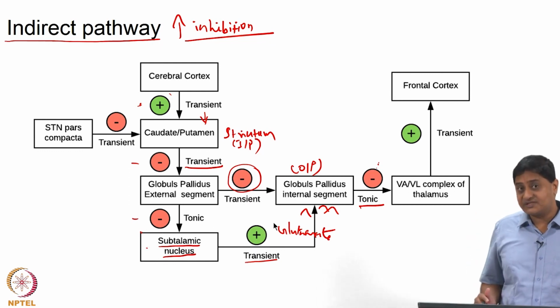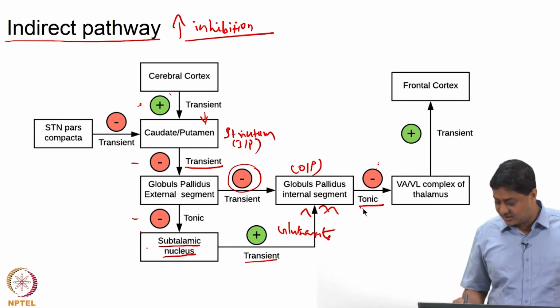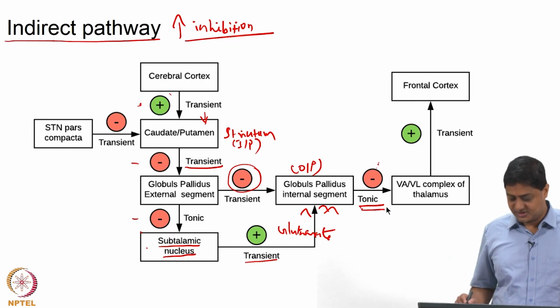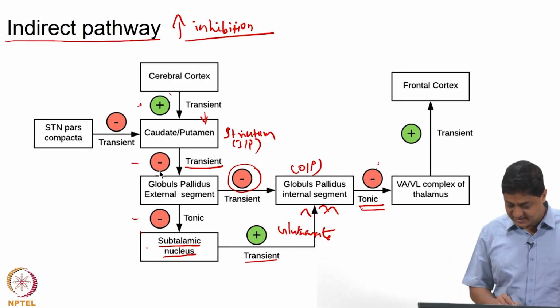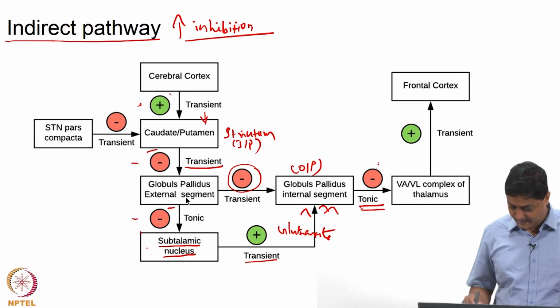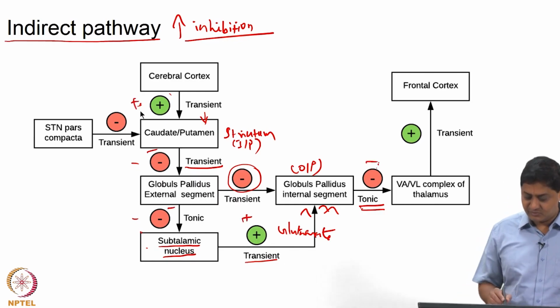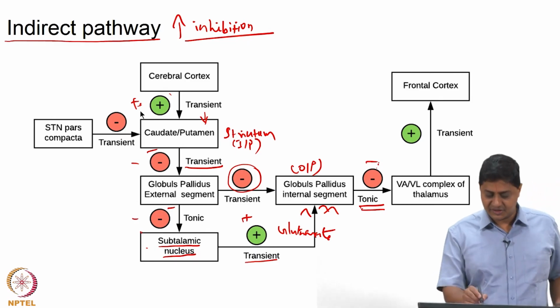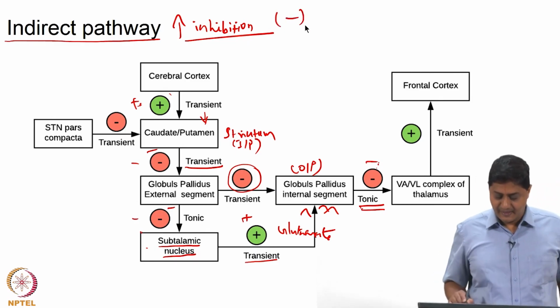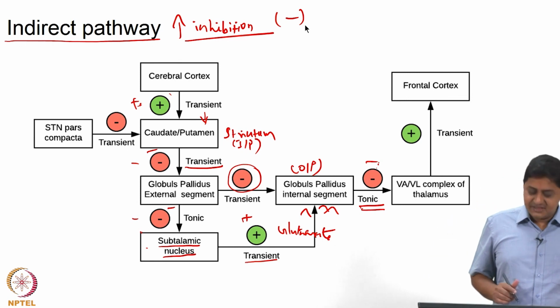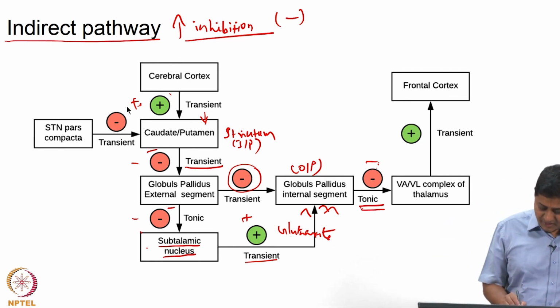And the subthalamic nucleus has glutamatergic outputs to the globus pallidus internal segment, and the globus pallidus internal segment is tonically inhibiting the thalamocortical neurons. Essentially there are 3 minuses, right, and 2 pluses. That means that net output is actually a minus.